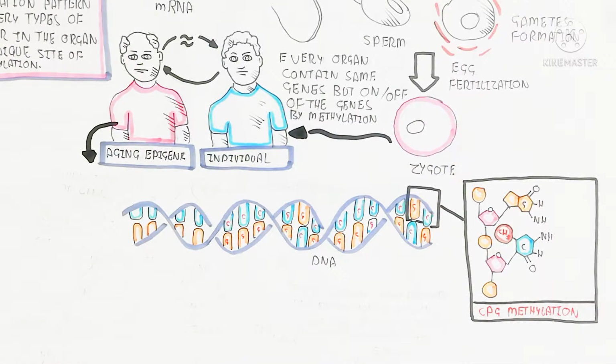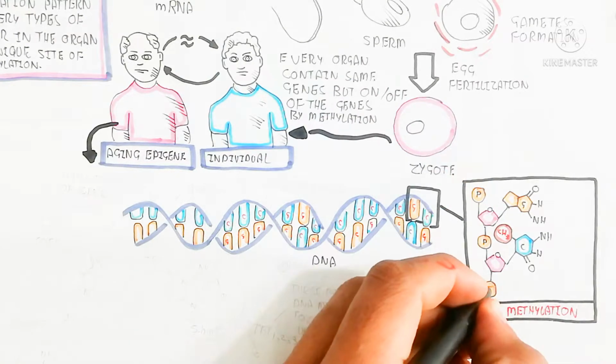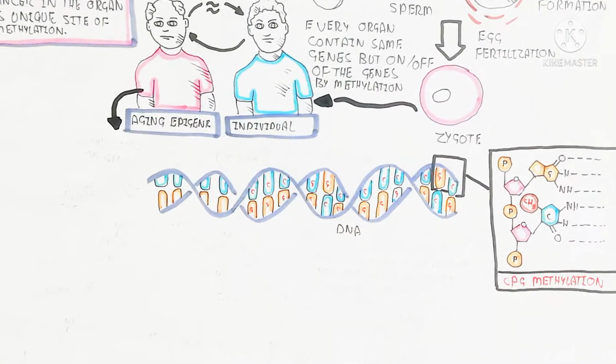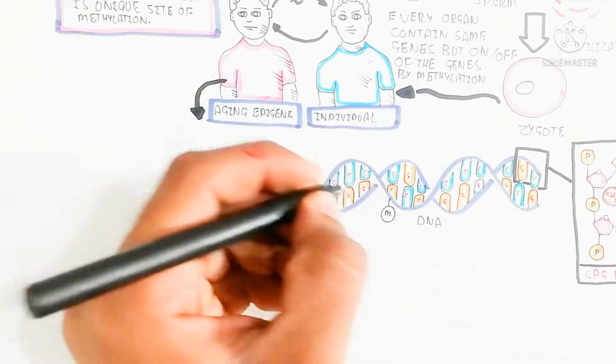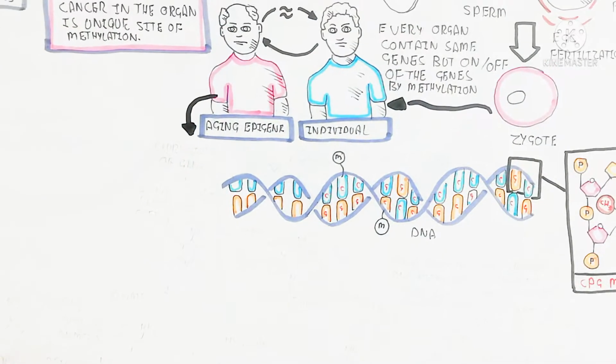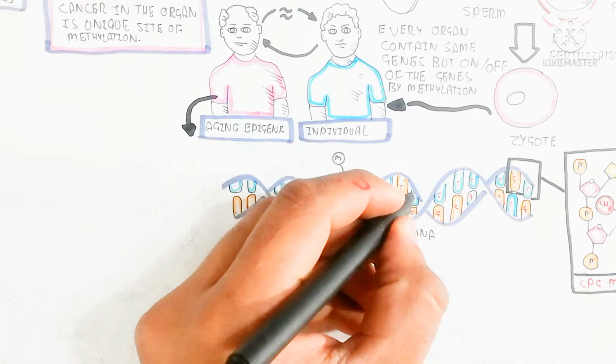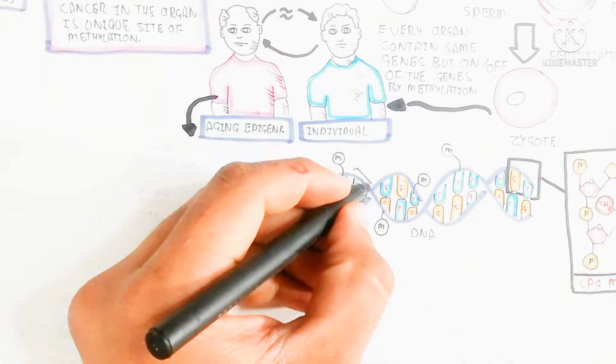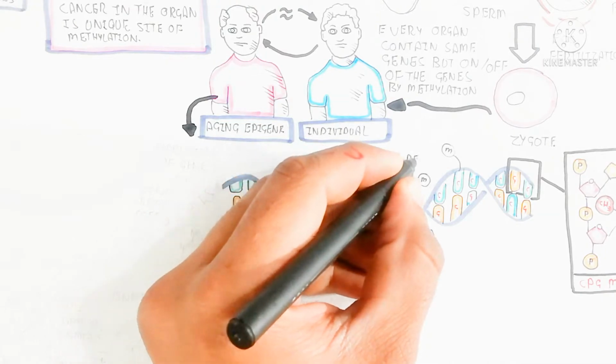CpG methylation will inhibit some regions. Here you can see the methylation in the promoter region, for example the oncogene promoter region.